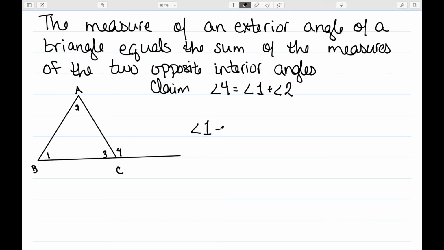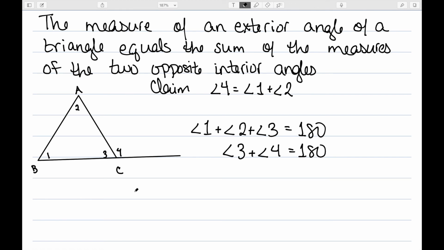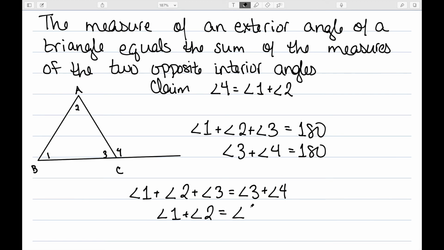We know that angle 1 plus angle 2 plus angle 3 is equal to 180 since we just proved the angle sum of a triangle is 180. We also know angle 3 plus angle 4 is equal to 180. Since these are both equal to the same thing, they're equal to each other. So angle 1 plus angle 2 plus angle 3 is equal to angle 3 plus angle 4. Subtracting angle 3 from both sides gives me that angle 1 plus angle 2 is equal to angle 4, which is exactly what we needed.